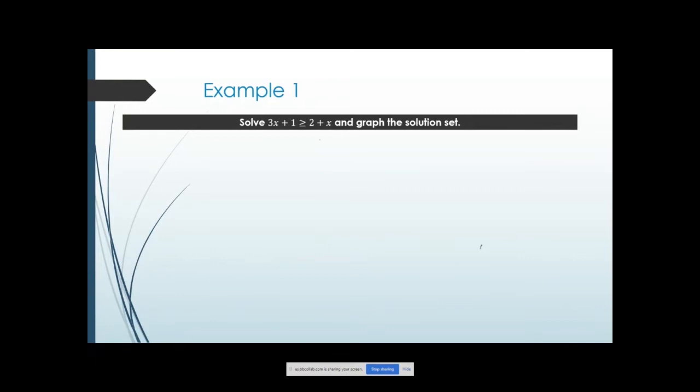So I've got plus x, so I'm going to subtract x on both sides. 3x - x is 2x. So I have 2x + 1 is greater than or equal to 2. Now I'm going to subtract the 1 to get that on the right. So minus 1 on both sides. I get 2x is greater than or equal to 1.